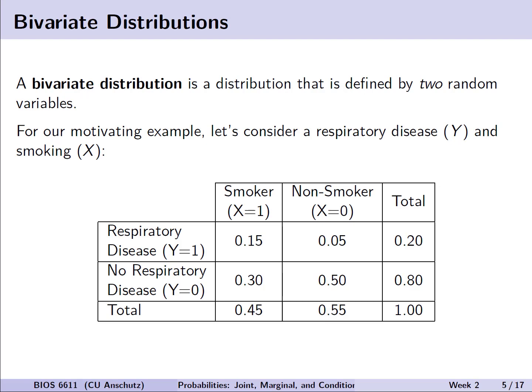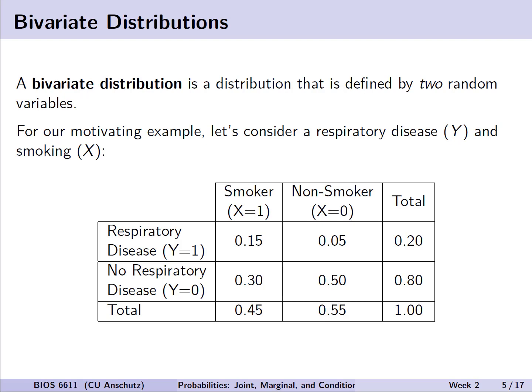To review probability from some of your past stats classes, or the material available in the review week 0 portion of our site, we'll first talk about a bivariate distribution. That's any distribution that is defined by not one, but two random variables. For example, we could consider whether someone has or doesn't have a respiratory disease, which we'll call our random variable y, and compare that to their smoking status x, whether they're a smoker or non-smoker.